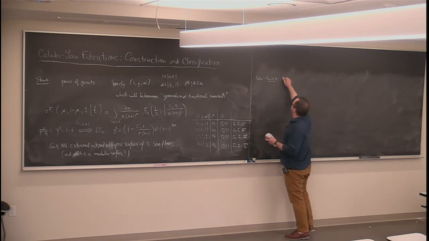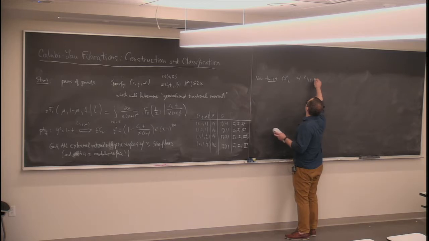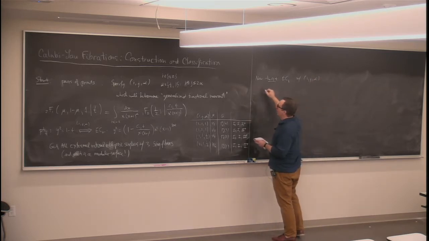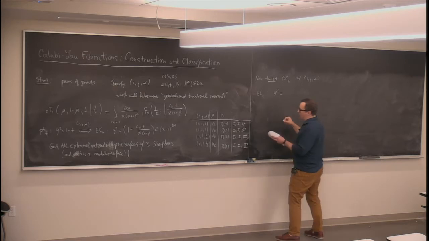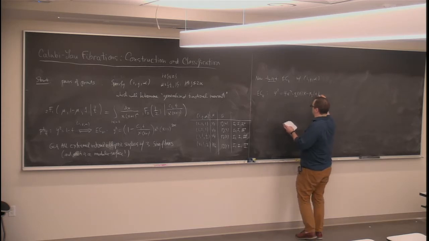So now we're going to twist E_t, again with this I, J, alpha. And now E_t, which is y squared, I'll put it in Weierstrass form, 4x cubed minus g2 of t x minus g3 of t.